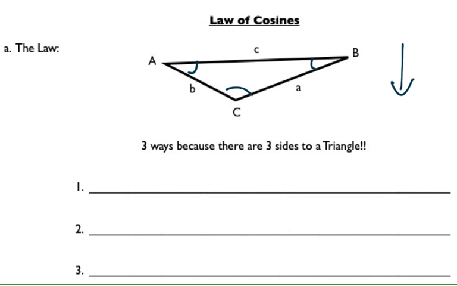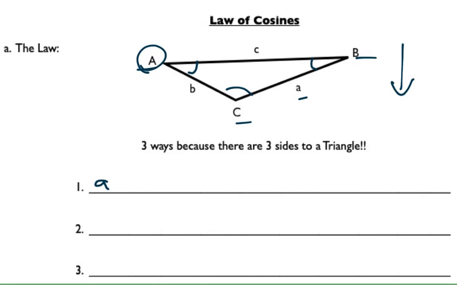I have three ways to write it because there are three angles and three sides of this triangle. Let's say we're focusing on trying to find angle A. Then what needs to occur first is the side length.